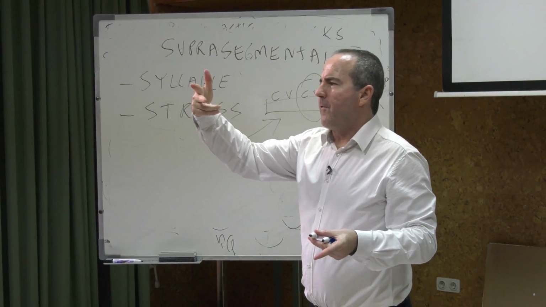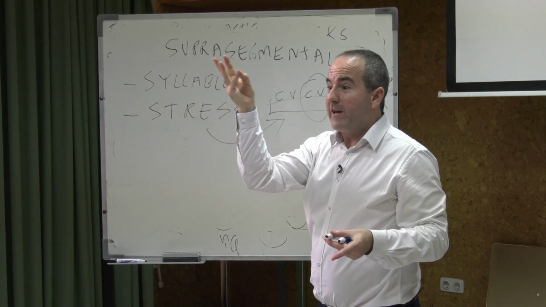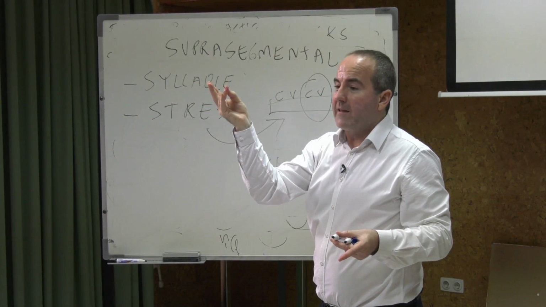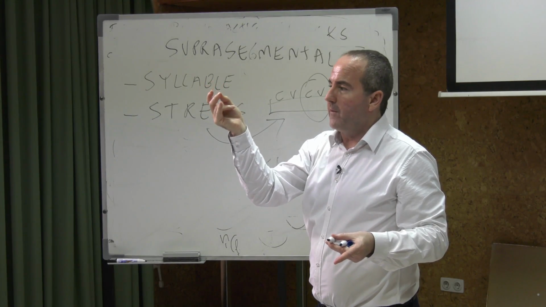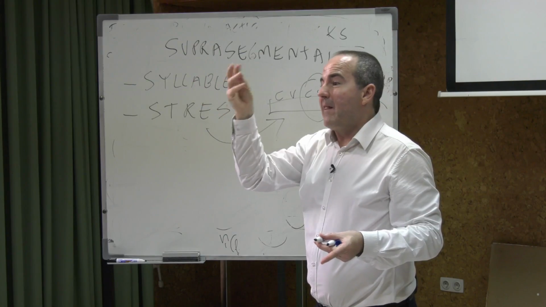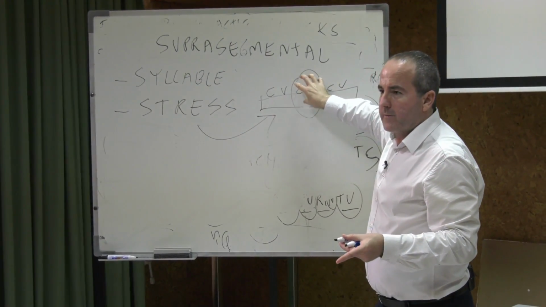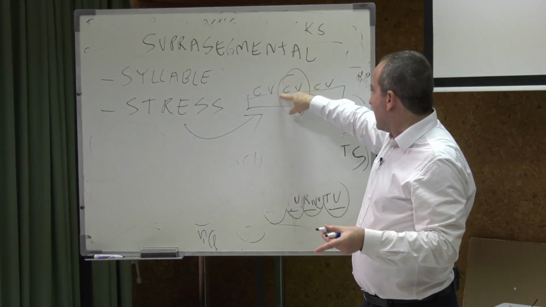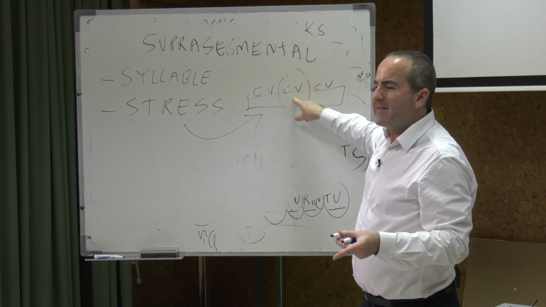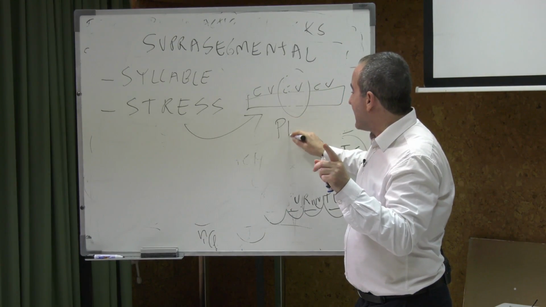Remember the 4 perceptual characteristics that we said earlier? We had frequency or pitch, we had duration, we have amplitude, intensity, remember, and we had the quality or timbre. Okay, the 4 take a role in identifying which one is the stressed syllable. But the most important one is the frequency, the pitch.